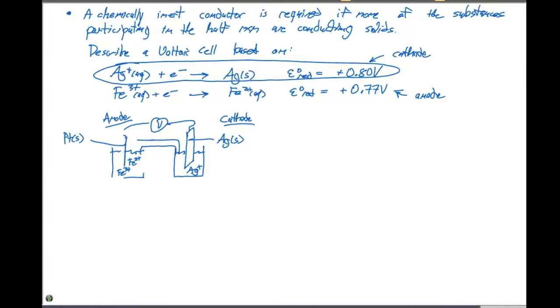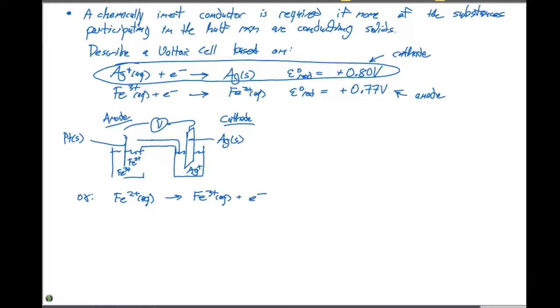So here's how we would describe this cell. Now we can break it down into the two half reactions. Our oxidation half reaction, which will occur at the anode, is iron 2 plus in aqueous solution becoming iron 3 plus in aqueous solution plus an electron.